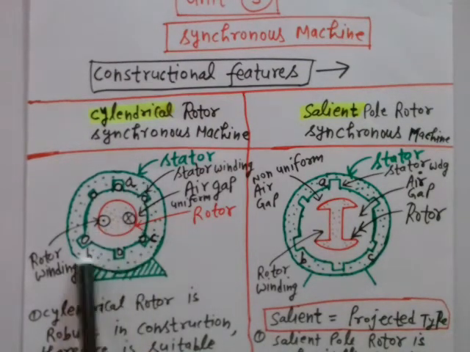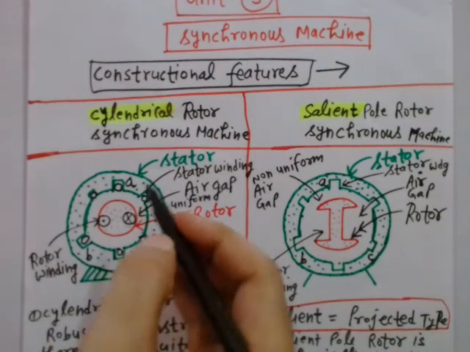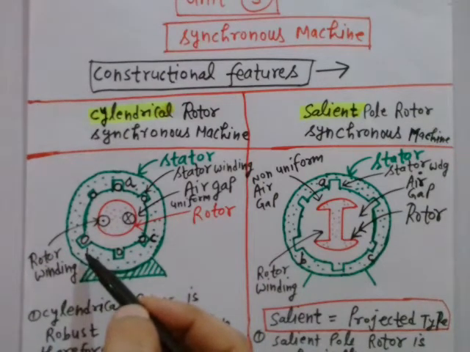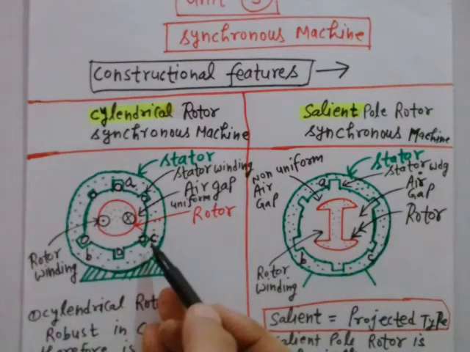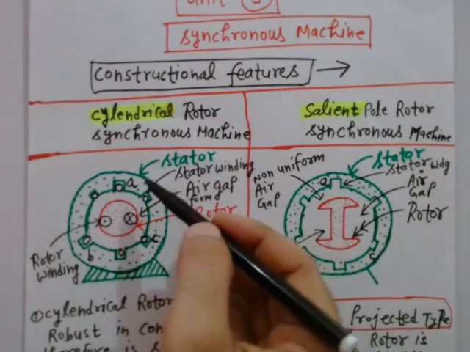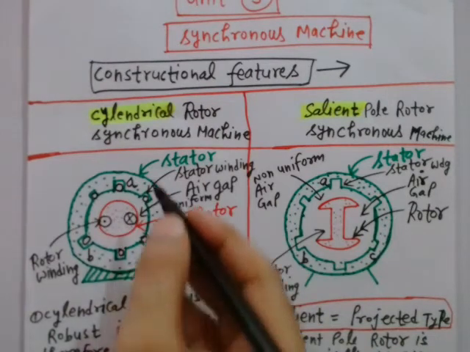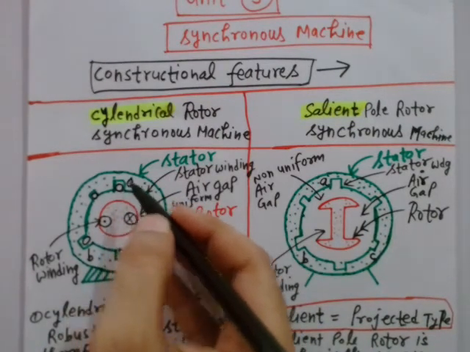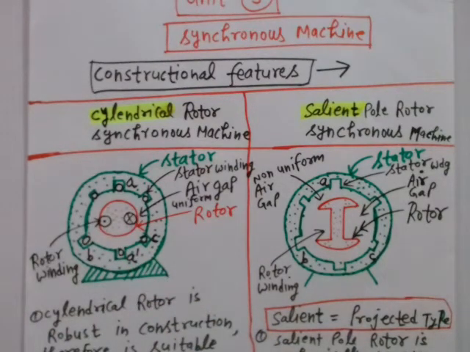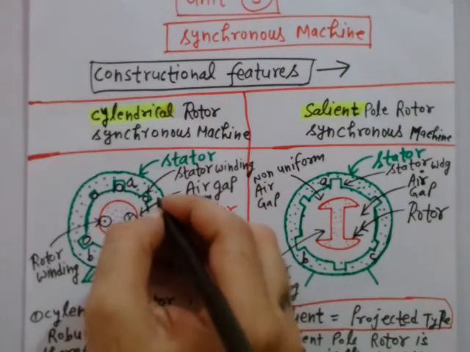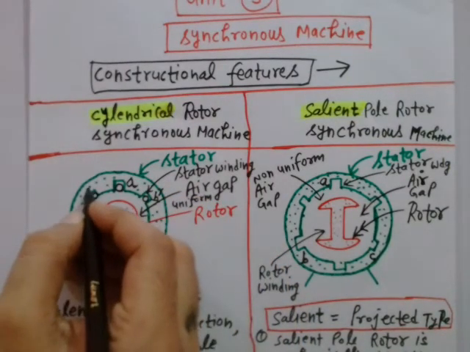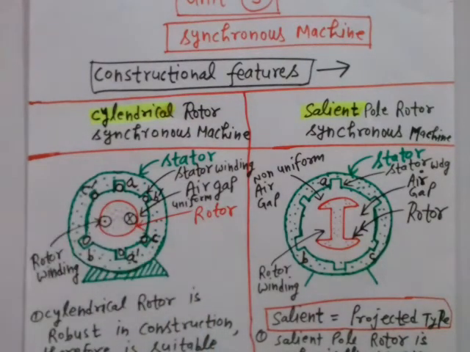Suppose these phases are A, B and C. If this is phase A, then after 120 degree phase displacement you will have phase B, and after a further 120 degree displacement you will have phase C. This is phase A. You can think of this as a forward conductor, and this as the return conductor, let me call it A dash. Similarly, this is B and this return conductor is B dash. Similarly, this is C and this is C dash.